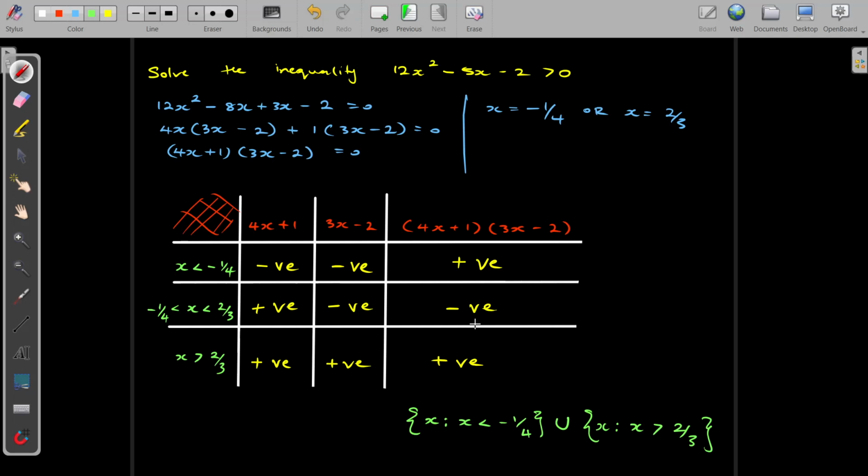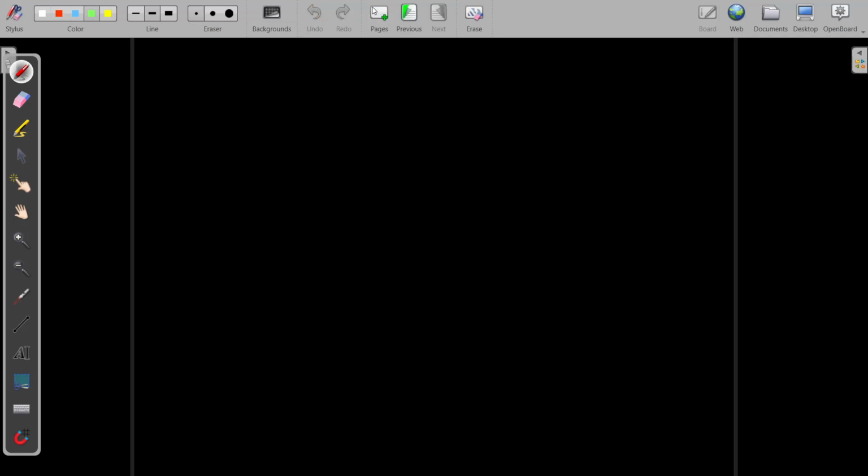Alright, so we want to look at one last example of this, and this time we'll be using a rational function. So a rational function is just one where we have a function of x in the numerator and denominator position.